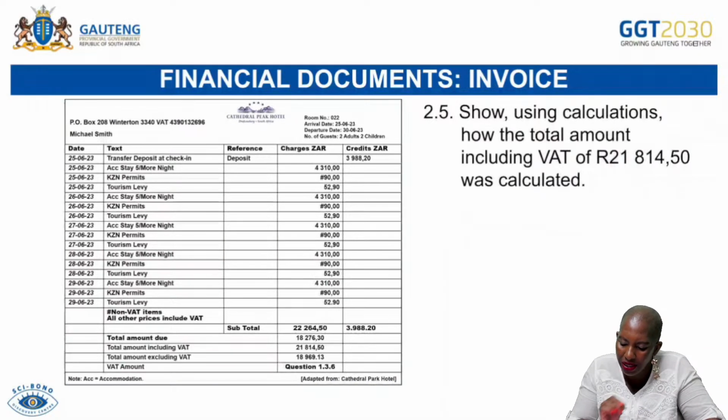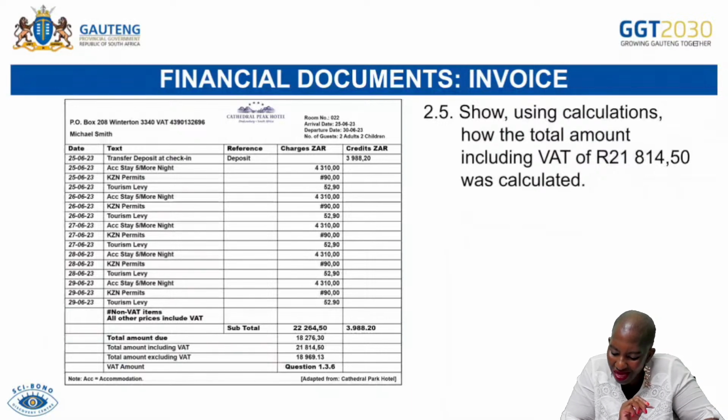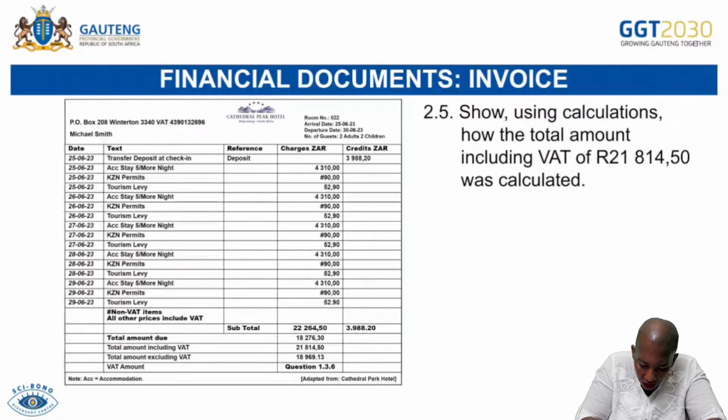Show using calculations how the total amount of 21,814 rand was calculated. Where is that amount? The 21,000. So now when you have a look here, it says total due.